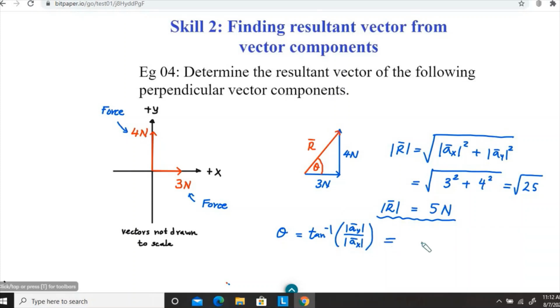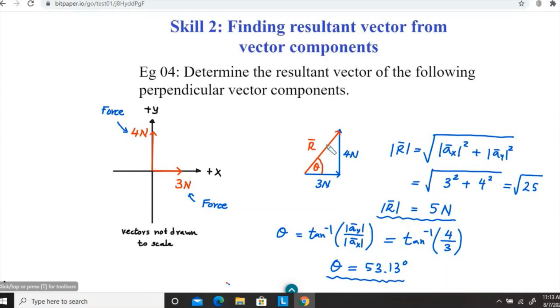Now I'm going to make the substitution. Inverse tangent, the magnitude of the ay component is simply 4, and the magnitude of the ax component is simply 3. When you do the math here, you are going to get that theta is equal to 53.13 degrees. So that's the answer to the second part.